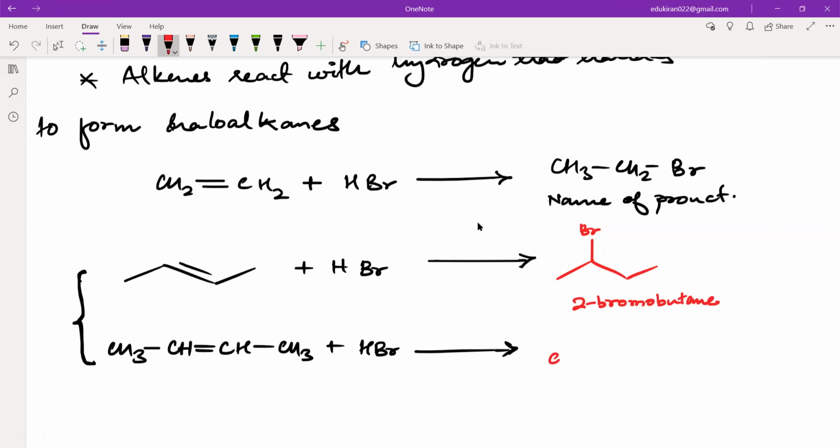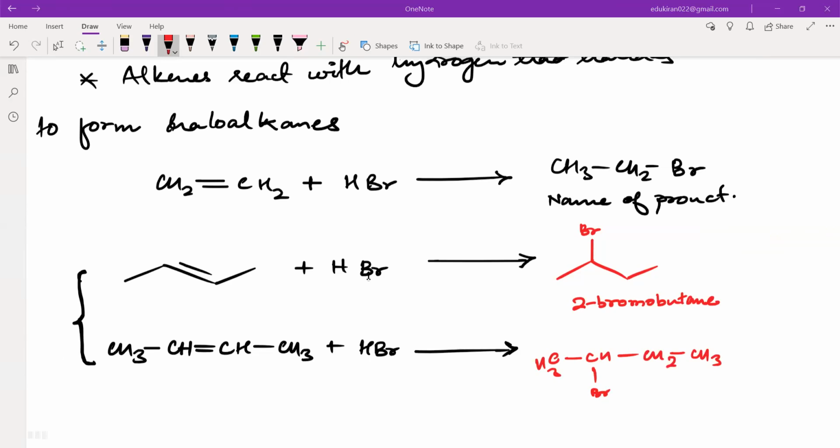Yes or no? Right, guys? All of you got the same thing, 2-bromobutane? Yes, sir. What about Samaira, Hamza, Hiba, Khalid, Salman? Yes, sir, 2-bromobutane.